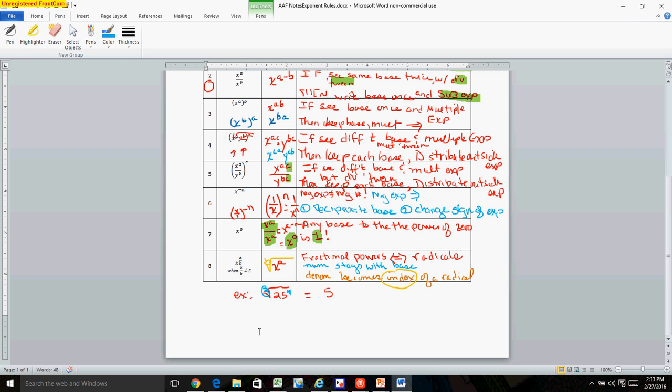What is 3 cubed? Now let's make that 3 to the 4th. 3 to the 4th, right, is 81.